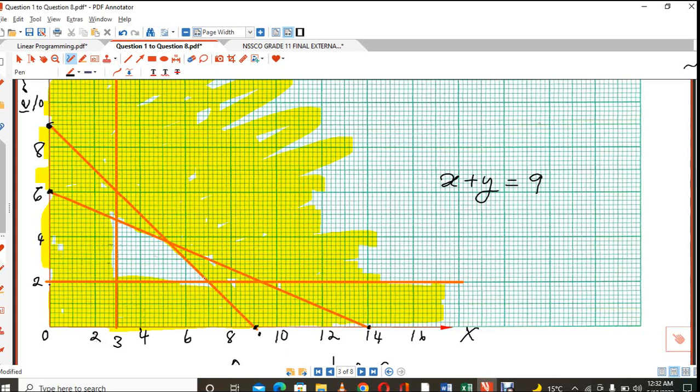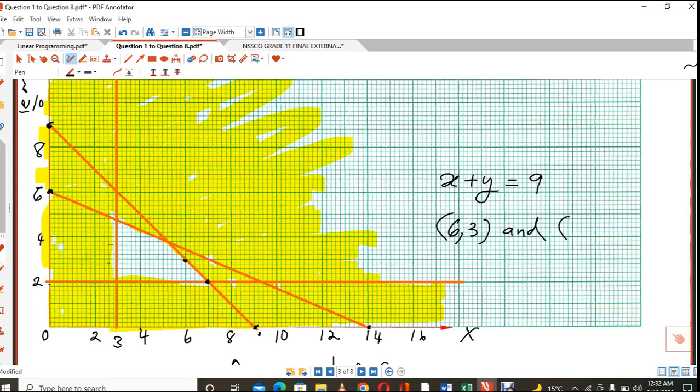So the points I'm going to consider are this point here, and maybe another one here, close towards the edge. I'm not going to consider all of them. The lowest cost: if I look at the point that I have here, this is the point 6,3.